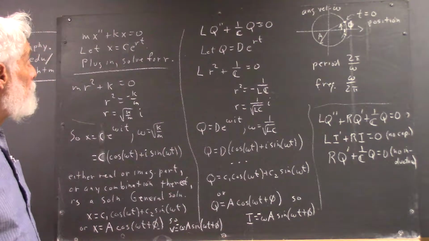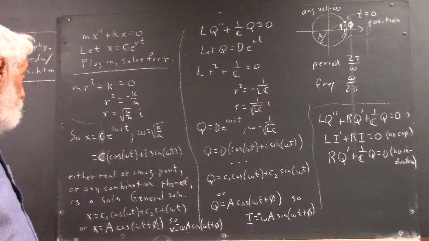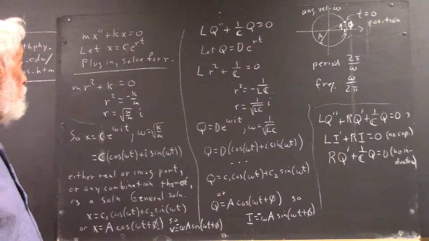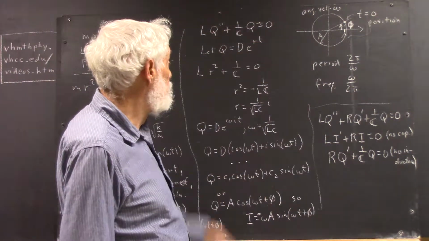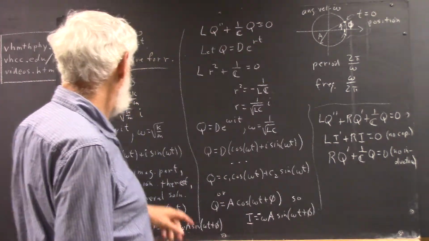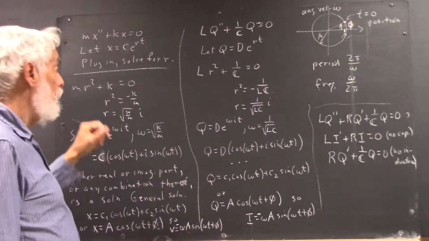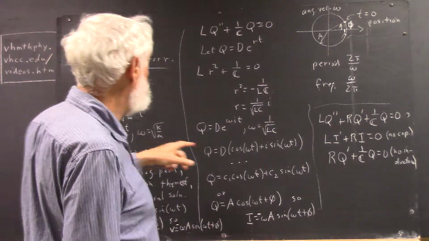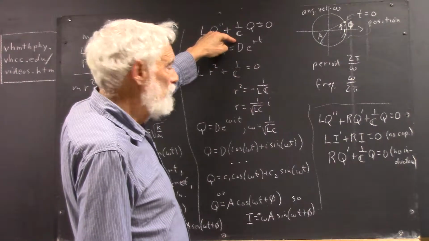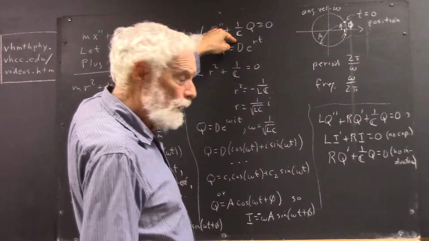Very simple. Okay, well, how does that compare with our solution of this equation? Well, I used C for my constant here. Might not have been the best choice because I can't use C over here because I've got a C for my capacitance.